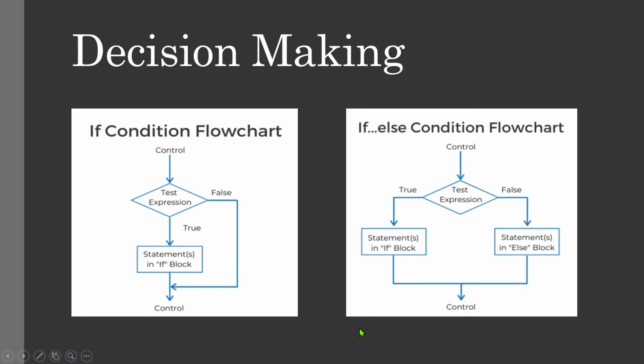Now let us see the flow chart of the if else statement. In the if else statement, we calculate a test expression. If this test expression is true, then we execute this block of statements, and if the expression is false, we execute the other block of statements. These were the basic concepts of decision making in Python.